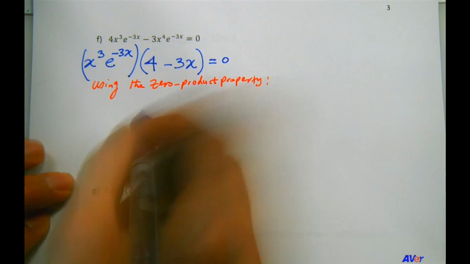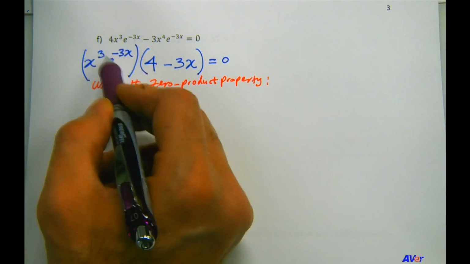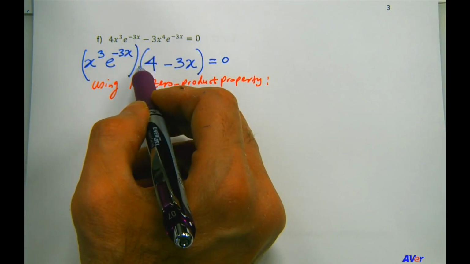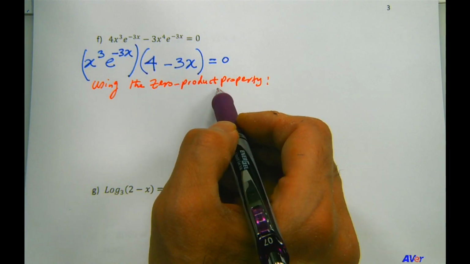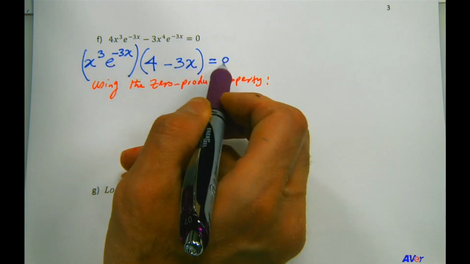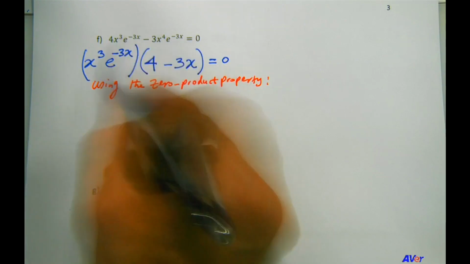Remember that. If we have this setup, then either this term is 0 or this term is 0 or both are 0. Zero product property said that if you have two parentheses multiplied by each other like this equaling 0, then either this parenthesis is 0 or this one is 0 or both are 0.